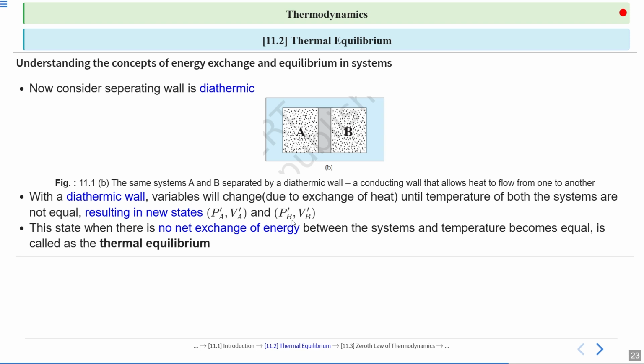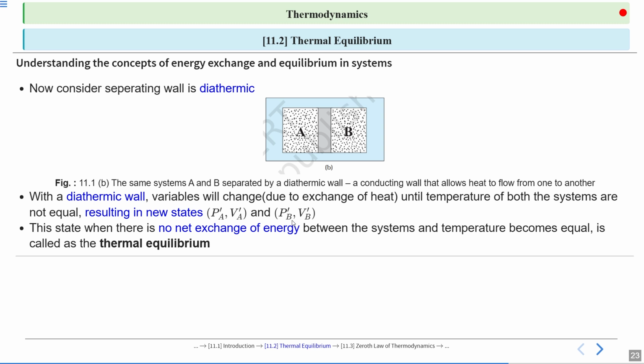If we differentiate the adiabatic wall and the diathermic wall, we can say in an adiabatic wall there is no exchange of heat energy. But if we talk about the diathermic wall, there is an exchange of heat energy between system and surroundings, not matter.